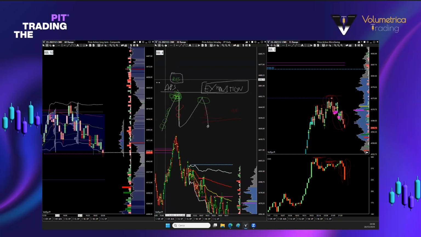A very nice tool detecting absorption and pressure areas, actually, that means initiative areas, in an algorithmic way.